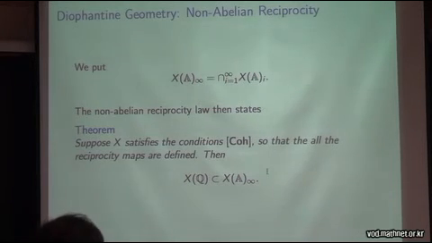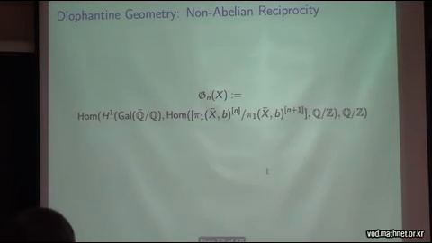I don't know how much detail I should provide about this theorem, but maybe one thing I should do is tell you the definition of these GNs. These are the targets of the reciprocity map. It's a little bit complicated, but you use Galois cohomology, you apply it to the dual of these associated graded pieces of the lower central series, and then dualize again.